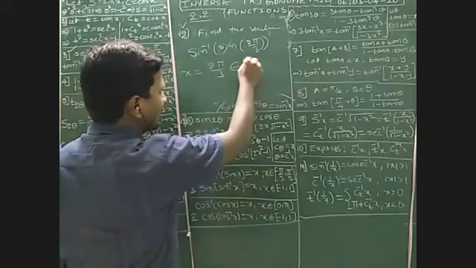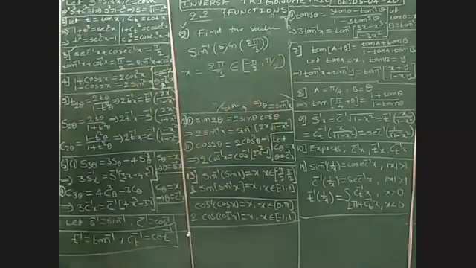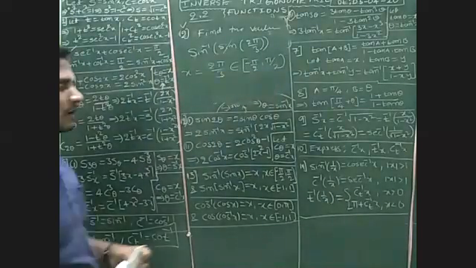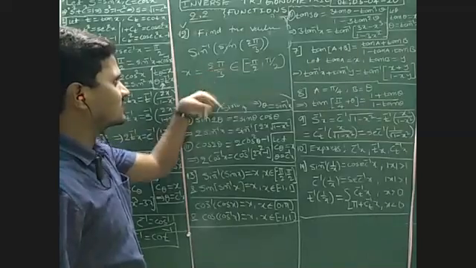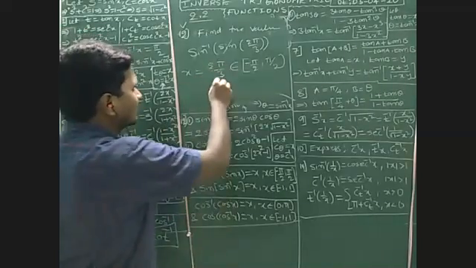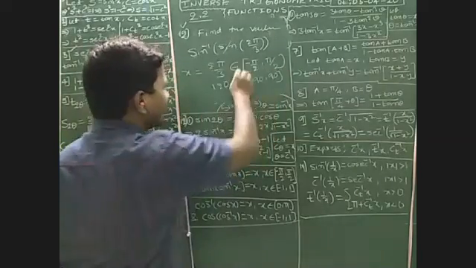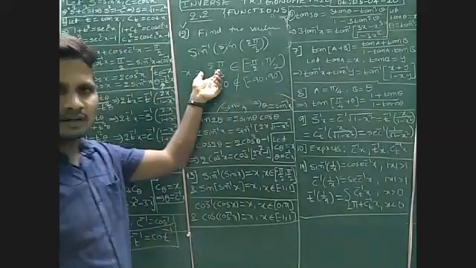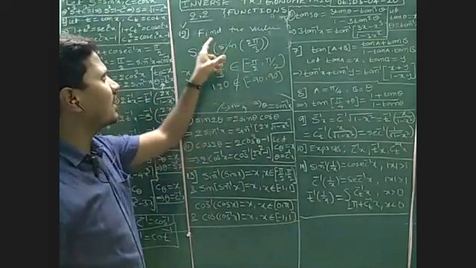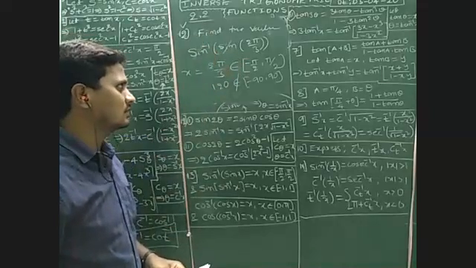Does this belong to minus 90 to 90? Is 2 pi by 3 in that range? Pi by 3 is 60, so 2 into 60 is 120. Does 120 belong to minus 90 to 90? It doesn't belong, so our answer is wrong. But what is the answer of sin inverse of sin 2 pi by 3?